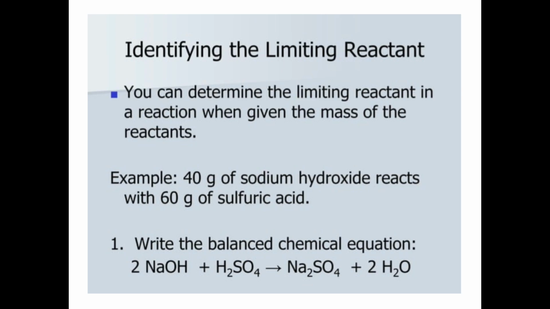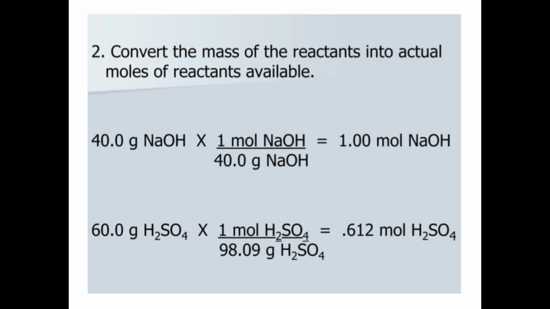When you balance the reaction, to calculate for that, we can convert the mass of the reactant into the actual mole of reactants available. That means we want to convert both 40 grams and 60 grams to mole. Remember, we know that mole is equal to mass over molar mass.